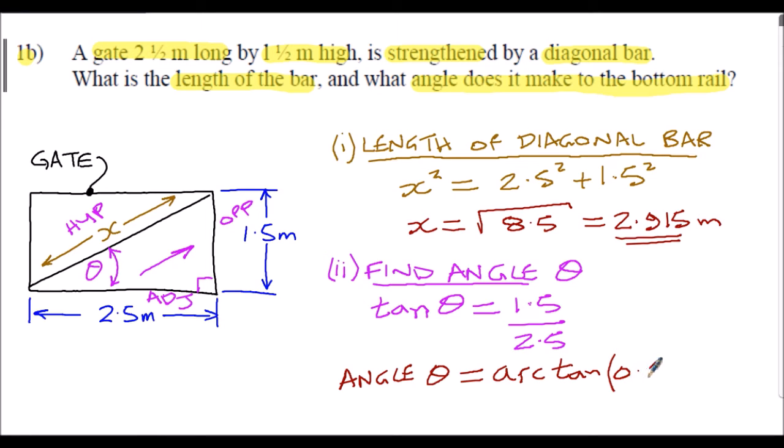That's the 1.5 divided by 2.5. So therefore angle theta is equal to 30.96 degrees. On the sheet that's stated in degrees, minutes and seconds, so pressing the DMS button, that equals 30 degrees and 58 minutes.